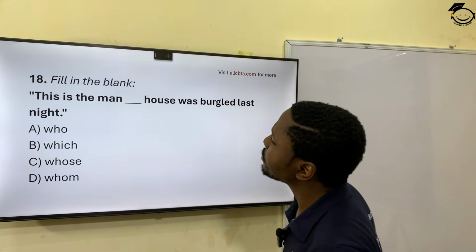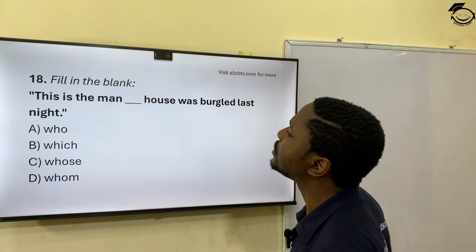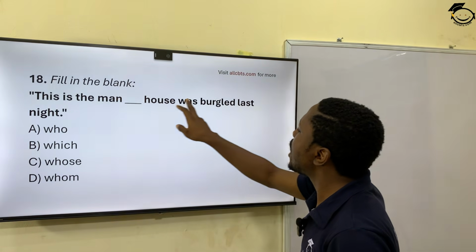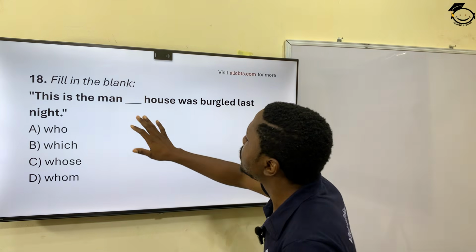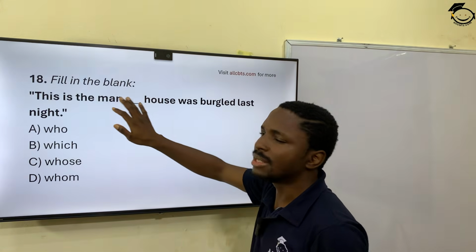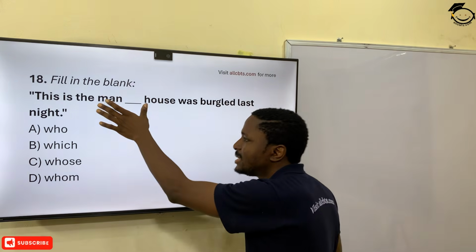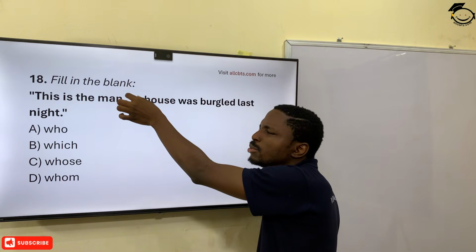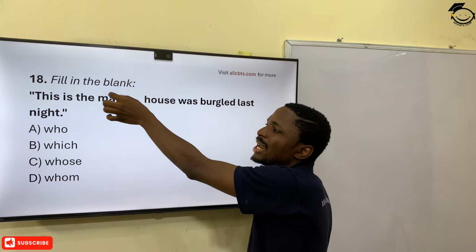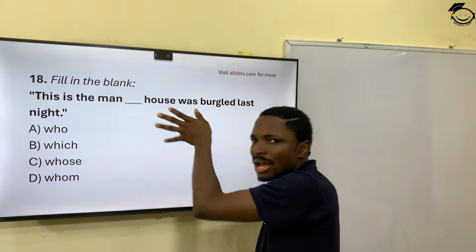Question 18. We are filling in the blank now. This is the man dash house was burgled last night. You can see from this particular sentence that it's a possessive. We need something possessive here that will identify the owner's house.